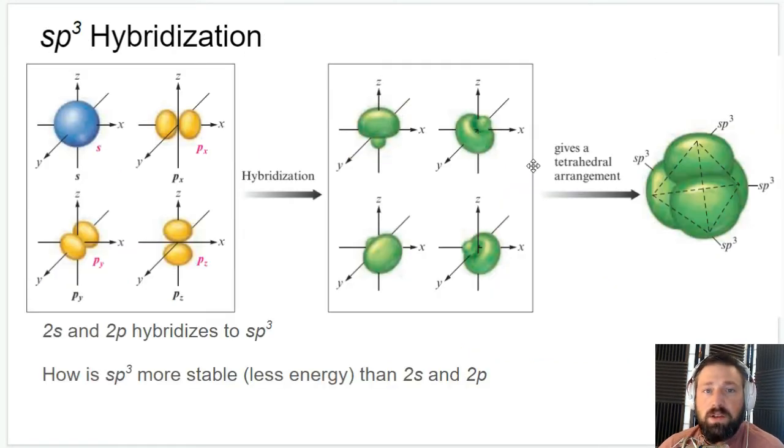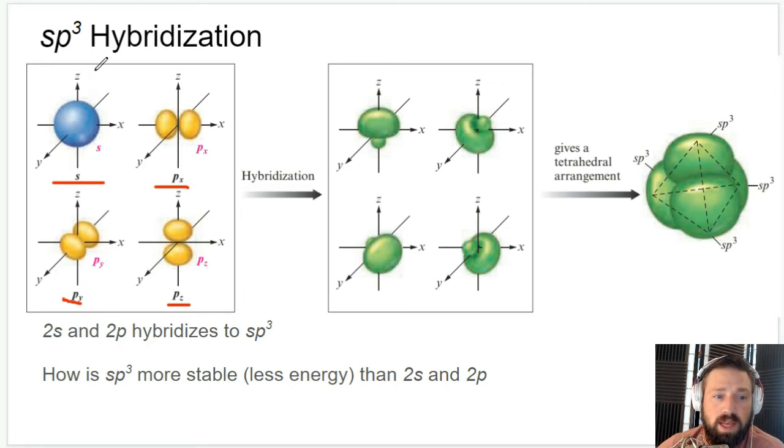So let's actually take a look at one of these hybridized orbitals. In this case, we're looking at sp3 hybridization. So we have one s and then 1, 2, 3 p orbitals, and these hybridize. Instead of these 3 looking like p orbitals and this one looking like an s, they all get blended together and merge into one type of orbital.